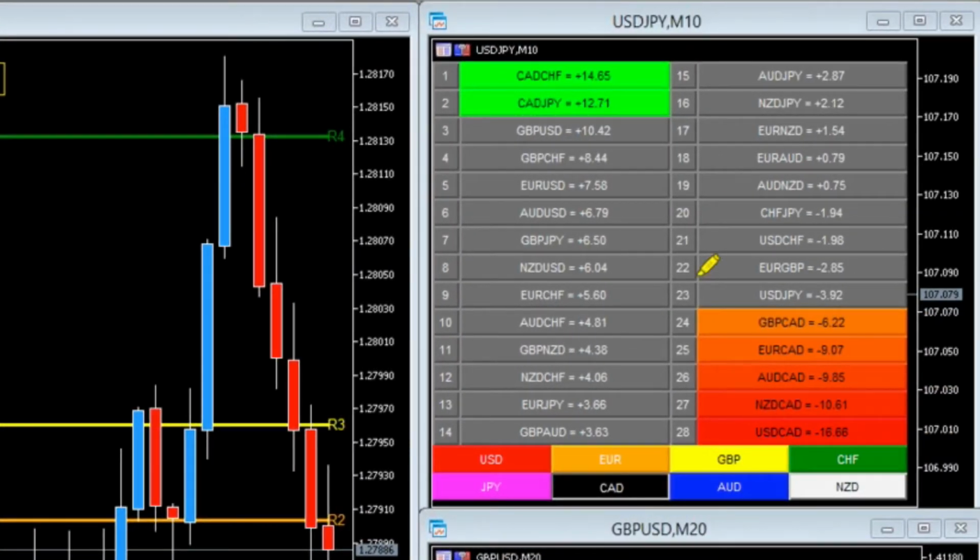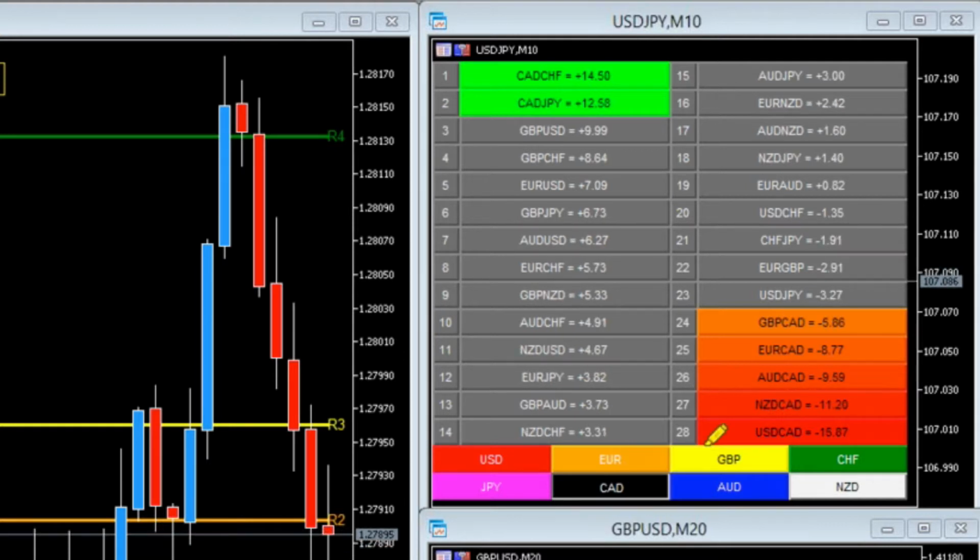Now, up on the currency matrix, I've isolated out the Canadian dollar both on the 10-minute time frame here and also down below on a 20-minute time frame. What the matrix is telling you loud and clear at the moment is that sentiment towards the Canadian dollar is very strong on the faster time frames.